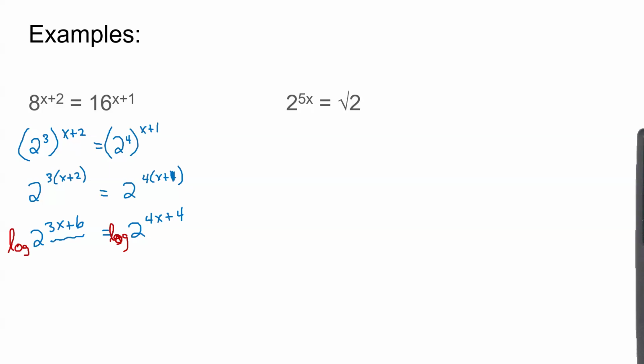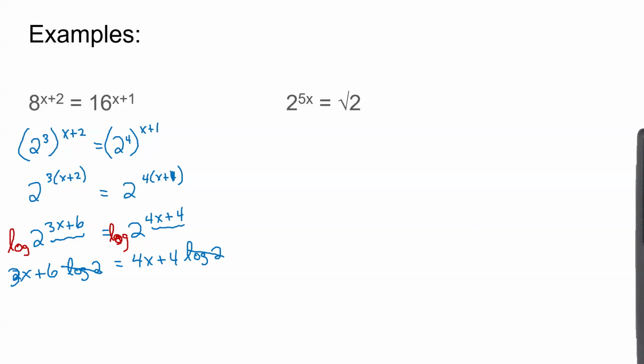So I could take this exponent and park it, 3x, I can read it, log of 2 equals, I'm going to take the exponent here, use the power rule to move it down onto the ground, log of 2. And now I have a logarithm of 2. Divide both sides by the log of 2. Those are going to cancel. It's on the left, it's on the right. I can cancel it. And I'm left with 3x plus 6 equals 4x minus 4.